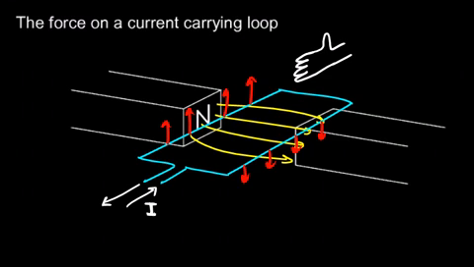If you orient your hand that way, then your thumb naturally points in the direction of the force on that charge that's moving through the wire. And that's those upward arrows I've drawn there. And then the opposite would be the case over on the other side. We end up with a downward force.